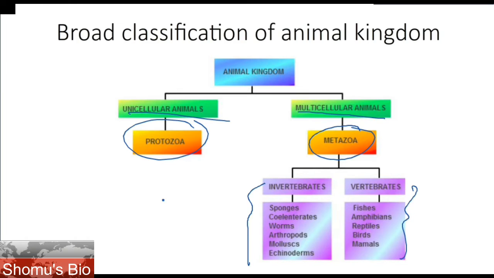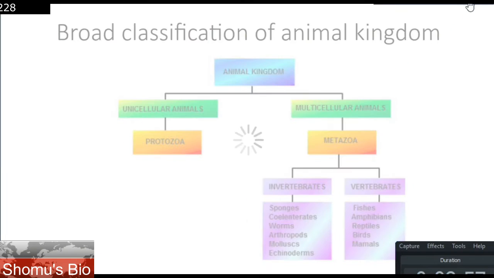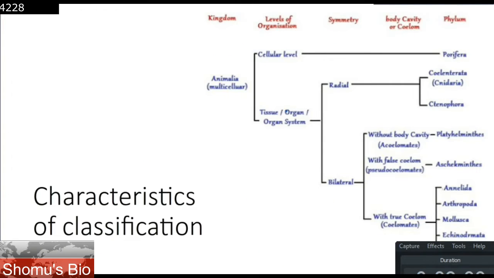We can get this idea all along. So it's not only about classifying the organisms, but also very important to find out the relation between organisms on the evolutionary time scale as well.